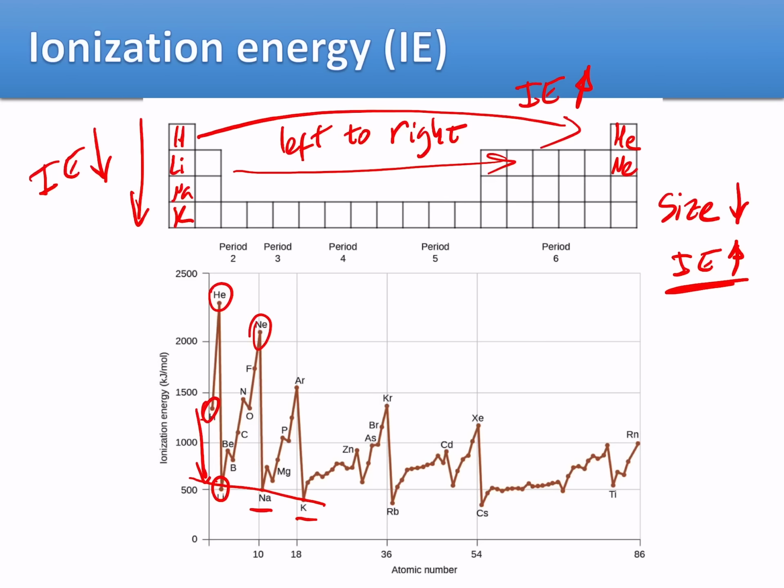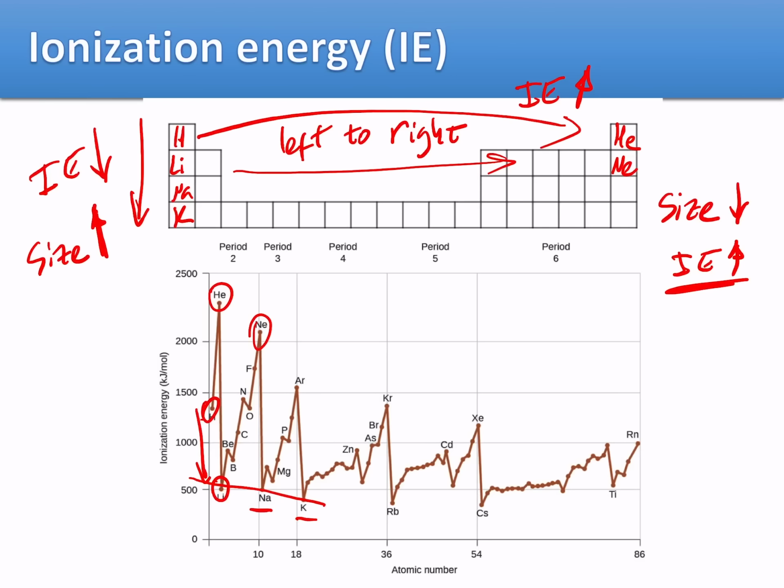Now, as you move down the group, what happens with size? Size increases. Those electrons are farther and farther away from the nucleus. Because they are farther away, they are less attracted by the nucleus, so it's easier to remove them from the atom.